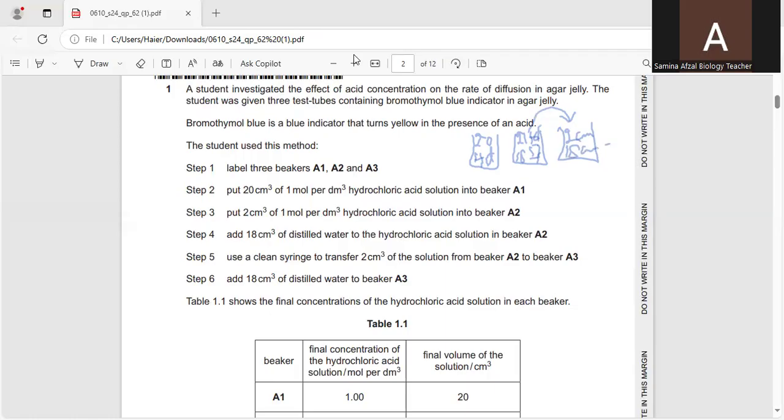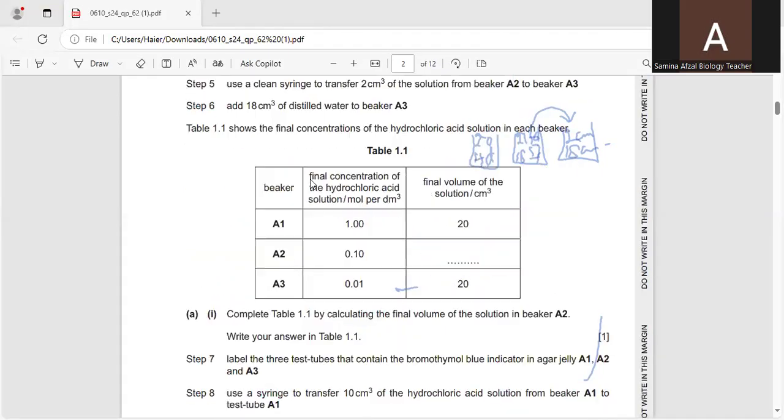Then in the next step, use a clean syringe to transfer and add cubic centimeter A3. We have done this. Table 1.1 shows the final concentration of the hydrochloric acid solution in each beaker and the final volume of the solution. So in A1, the final concentration is 1 and the final volume of the solution is 20.